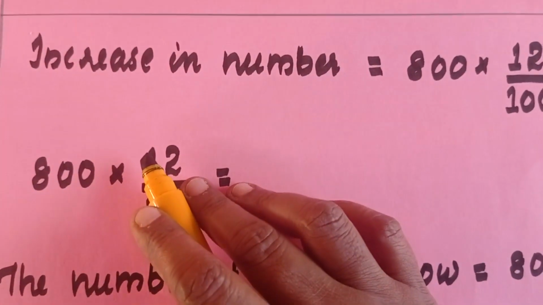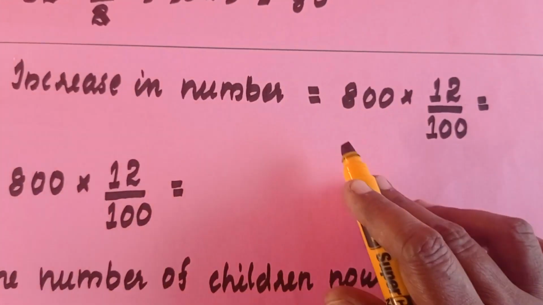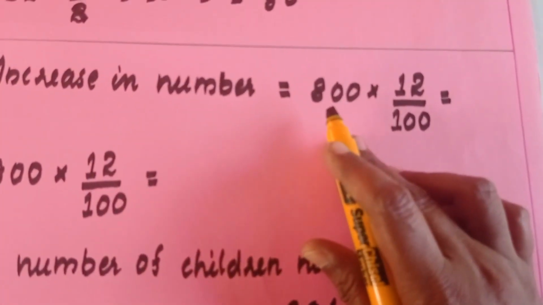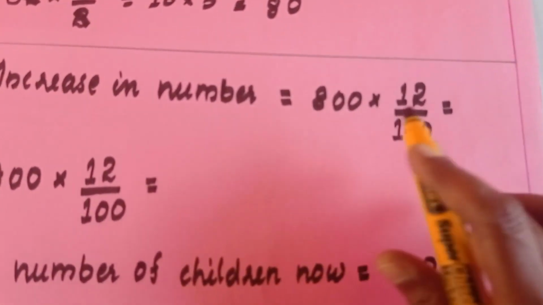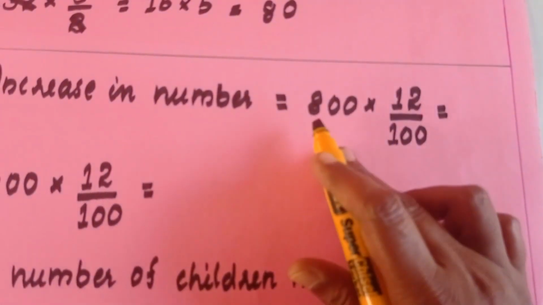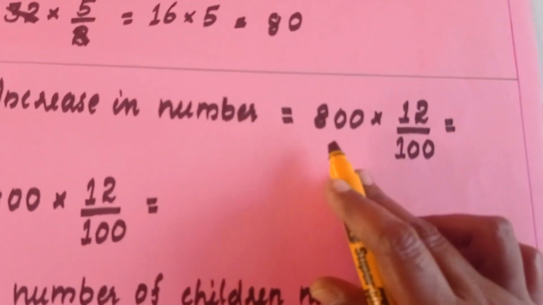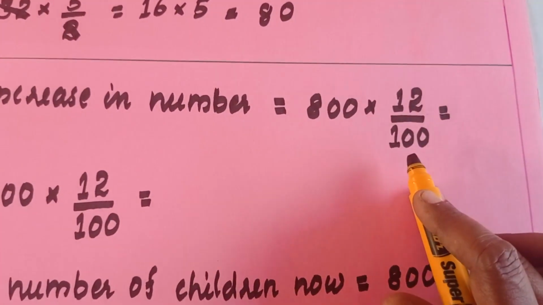Here, first find out the increase in number. Increase in number is 12% of 800. 800 children are in the last year. Then 12% of 800 is the increase this year. That is 800 into 12 by 100.